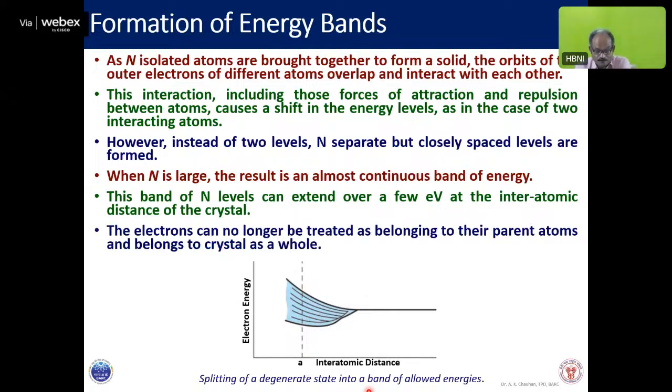Now under this situation, when you have created a system where there was no discrete level but a band, the electrons can no longer be treated as belonging to their parent atoms. These electrons will belong to the crystal as a whole.